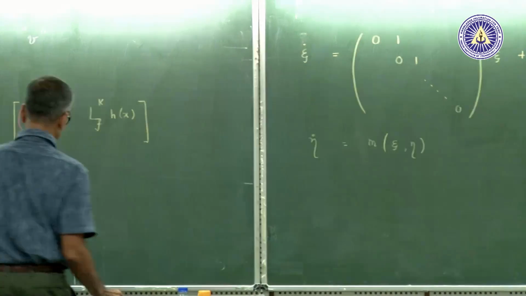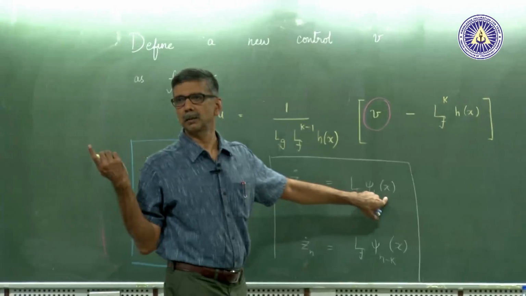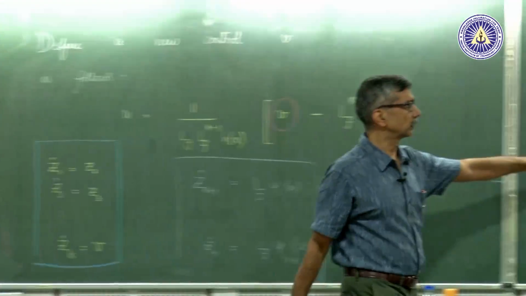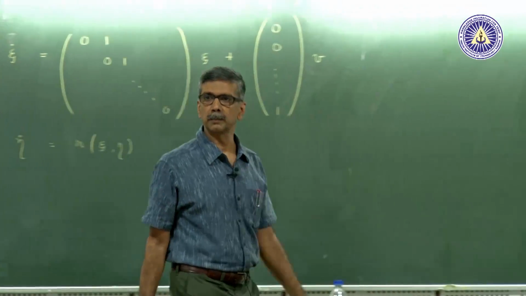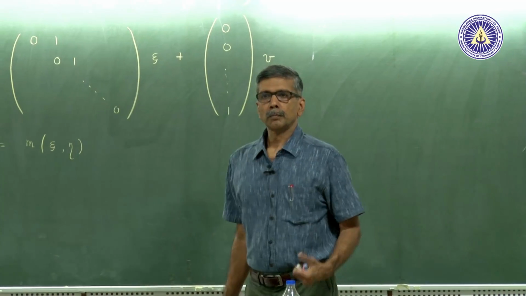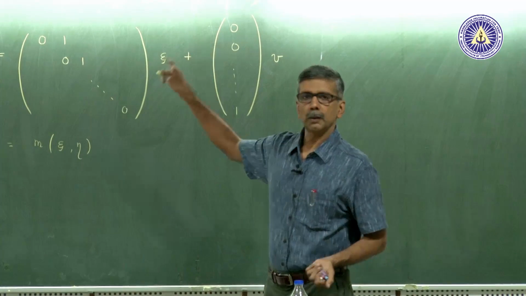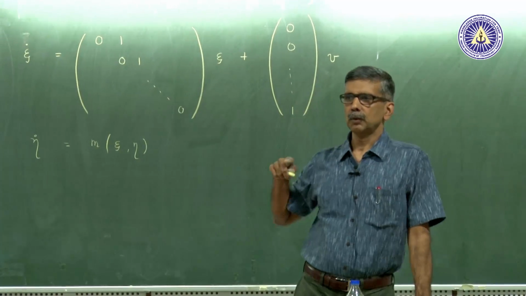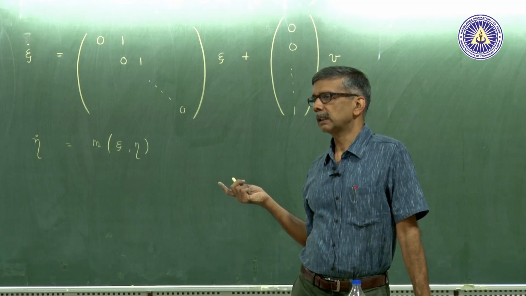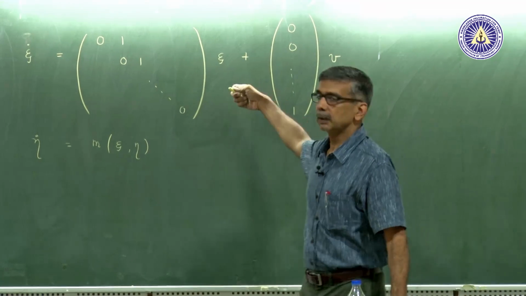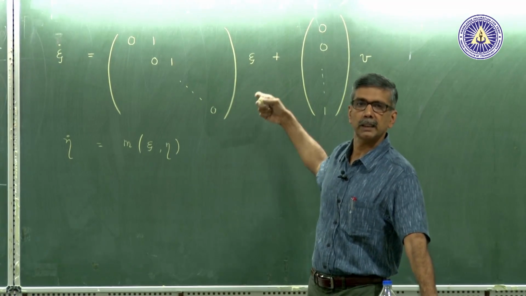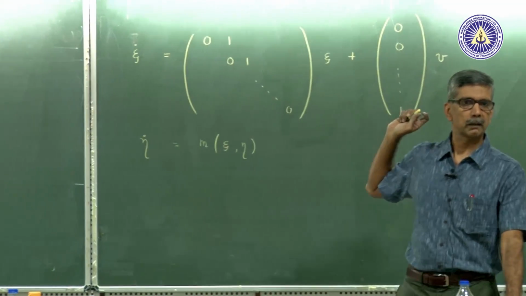Why psi and eta? Because here I have all the variables. So this is now your system. Your original nonlinear system through feedback linearization has been converted to this new system, which is partially linear, partially nonlinear.